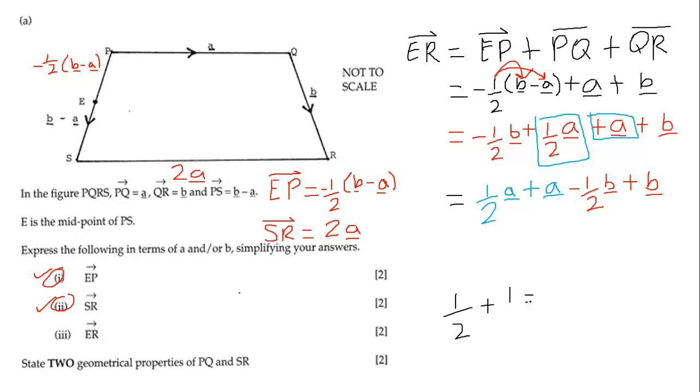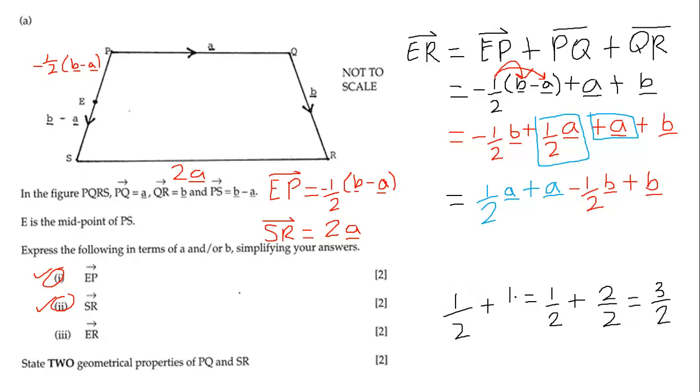So this is a half plus 2 over 2. Now they have the same denominator, so we say 2 plus 1, which is 3, and we keep the denominator, 2.